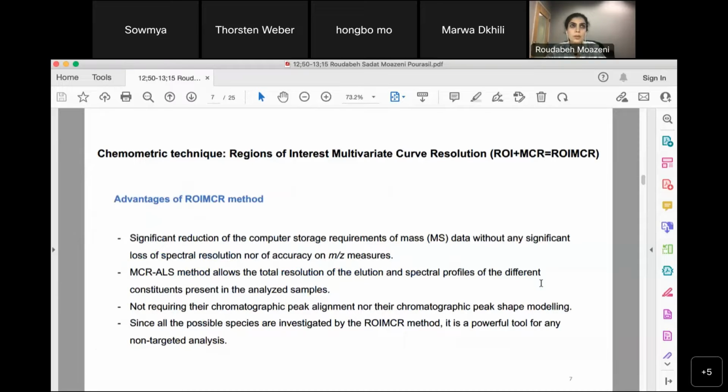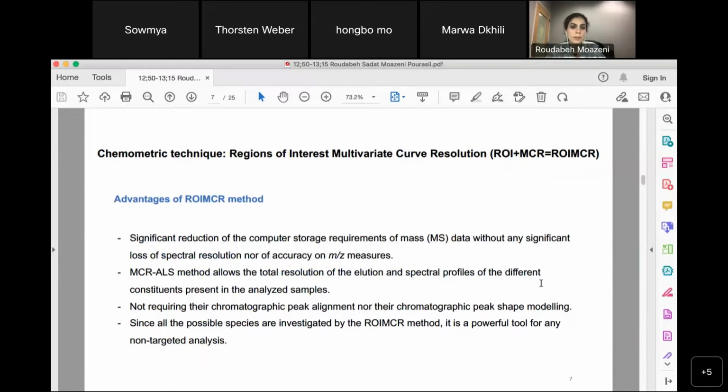So we decided to use a chemometrics technique for data analysis. The method we used was region of interest multivariate curve resolution, ROI-MCR.